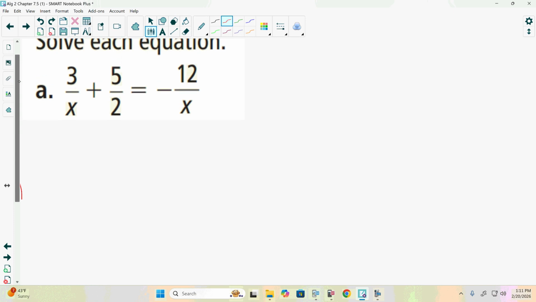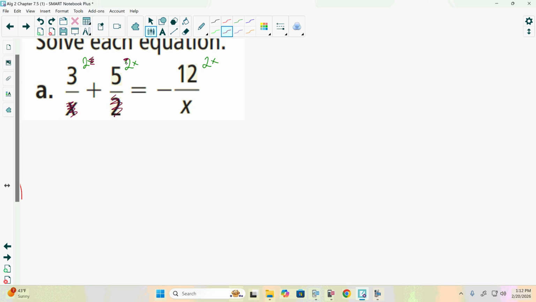Let's look at this one. What do we need to multiply through by? 2 and x. Let's go green. Because for this one here, the far left one, the x and x would cancel.